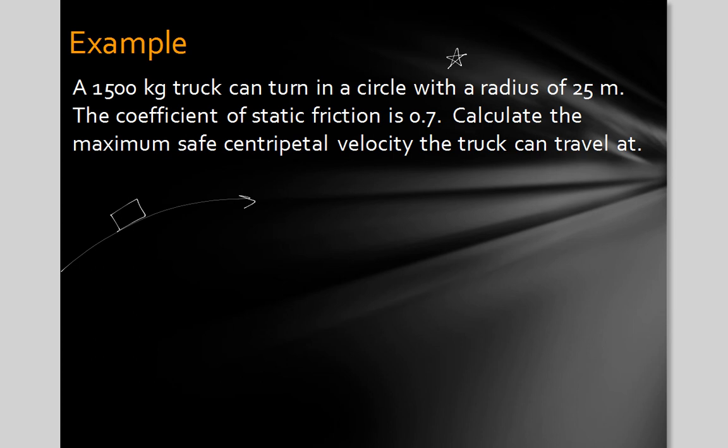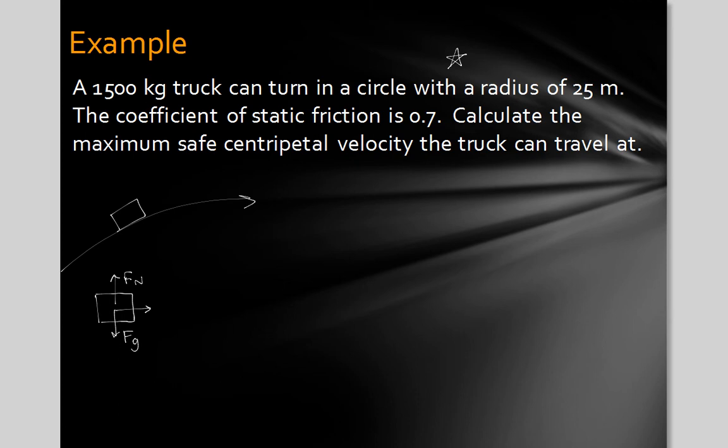So if you were to have a different view of the vehicle, the free body diagram would be as such. Force gravity points down, force normal points up. And if I'm turning to the right here, then I would need an acceleration that points to the right. So I would need a force that points to the right.